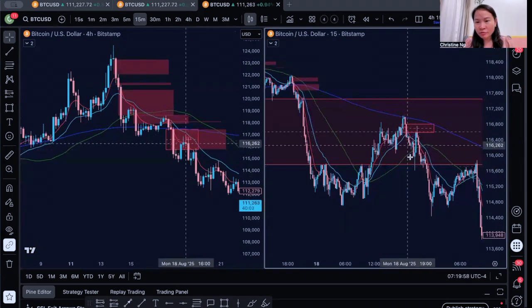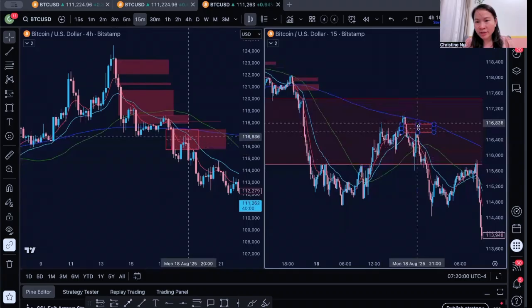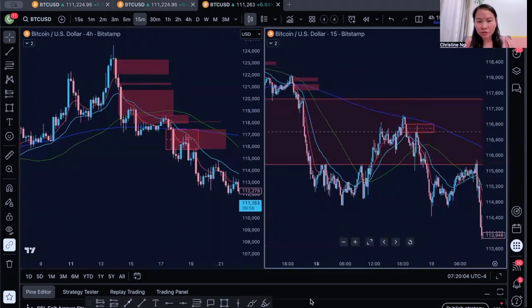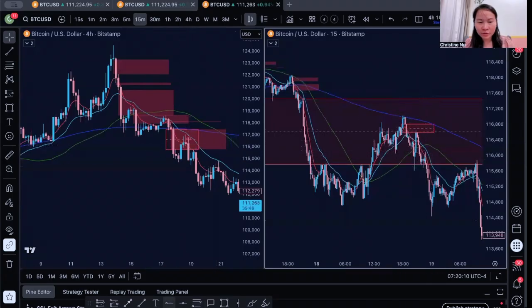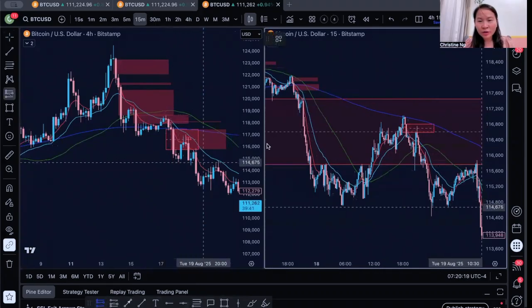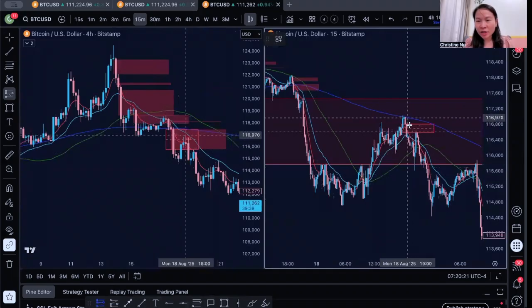And when the price closed below here and still retested the fair value gap and rejected, that is a very, very nice entry. So when you see that it retested the fair value gap and rejected and the EMA starts to cross under the 50 SMA on the 15 minutes, that's where you can do a short entry because this gives you confirmation. You patiently waited for a retest and you patiently waited for a confirmation on the 15 minutes.